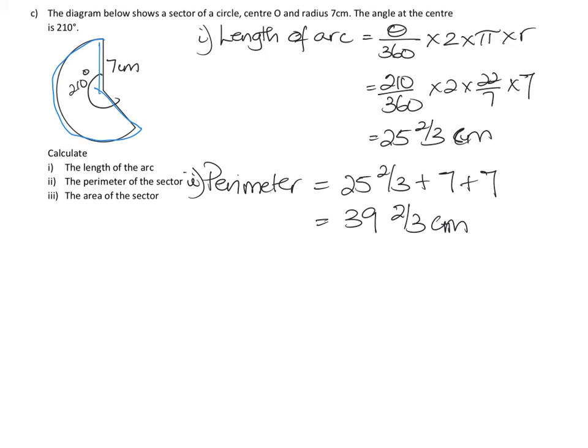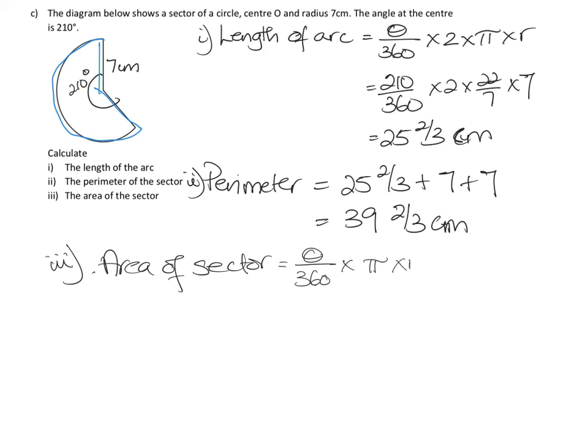Okay, and part 3 is the area of the sector. So area of the sector is equal to the angle over 360 multiplied by pi multiplied by r squared. And we know that r squared is r by r. And in this question, r is 7.